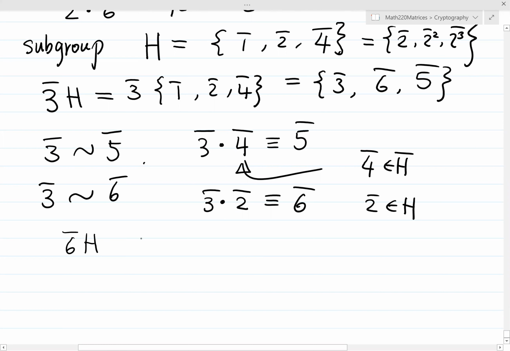You get the same thing if you compute 6 bar 1, 2, 4.